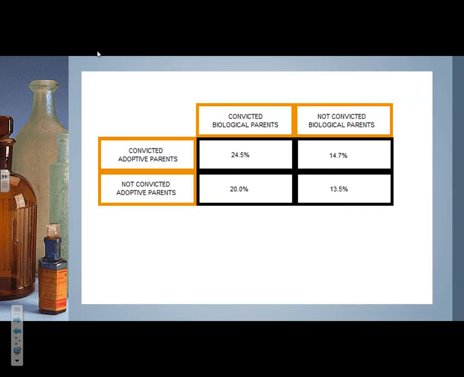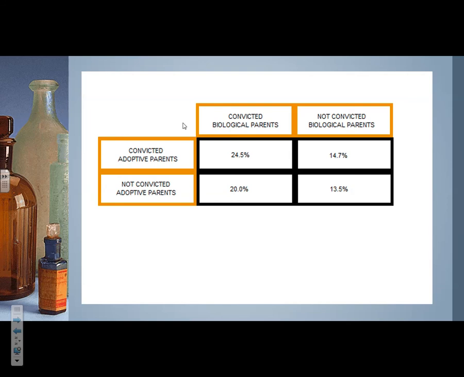So Mednick looked at children who were adopted, and compared crime rates. He found that if you had biological parents who committed crimes, and you had adoptive parents who were criminal, so that's both the influence of nature and nurture, then you were 24.5% more likely to commit crime.